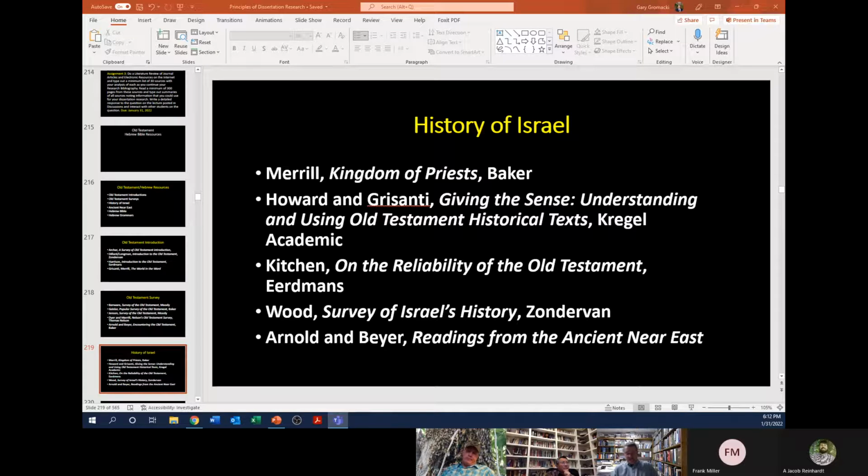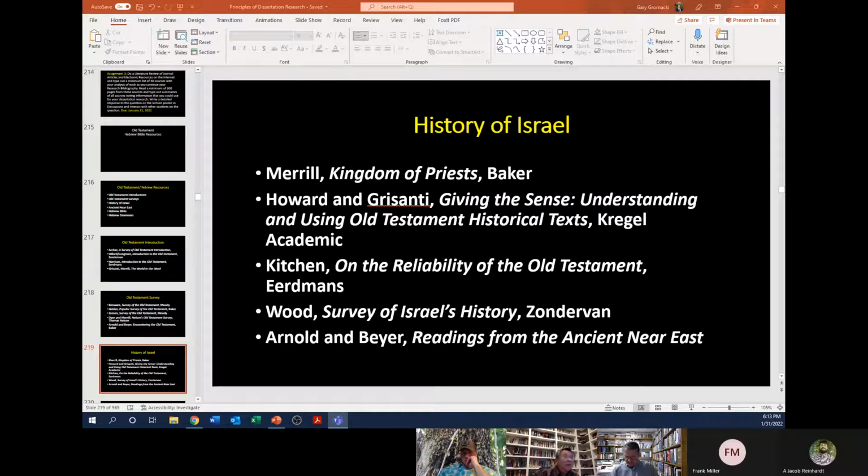And going into even more detail, definitely at the master's level and probably going into the PhD level, Kitchen's book on the reliability of the Old Testament. That's K.A. Kitchen, produced by Eerdmans.